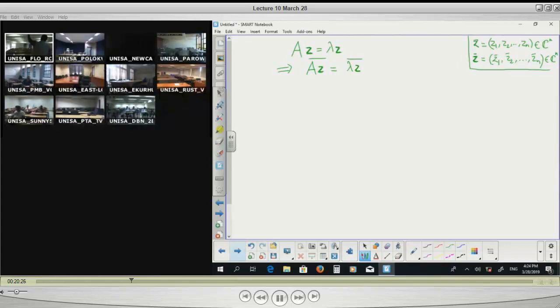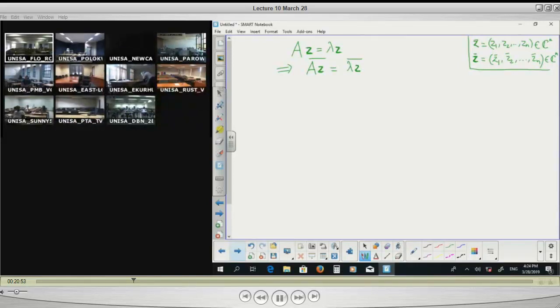It is the first row of A taken with Z, right? So Z1 times A11 plus Z2 times A12 and so on. So what would be the conjugate of it? It will be Z1 bar, conjugate of Z1, times conjugate of A11, and so on.